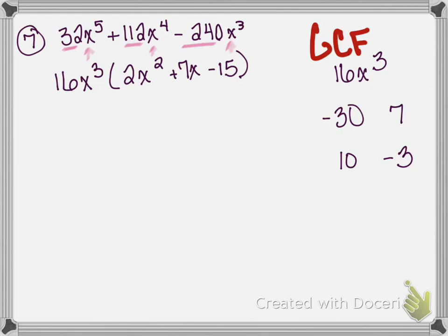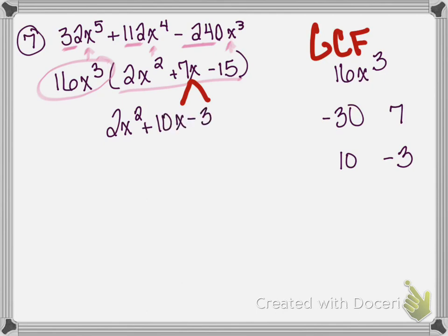Okay? So I've got to remember that my 16x to the third is part of this, but right now I'm focusing on this right here. So I am going to split my 7x. So I've got 2x squared plus 10x minus 3x minus 15. Okay? What comes out of the first two?